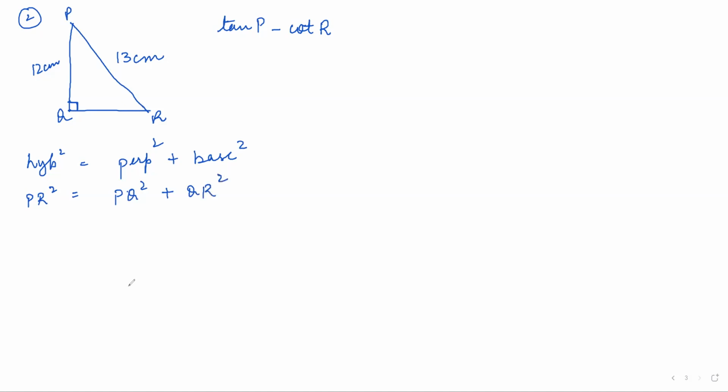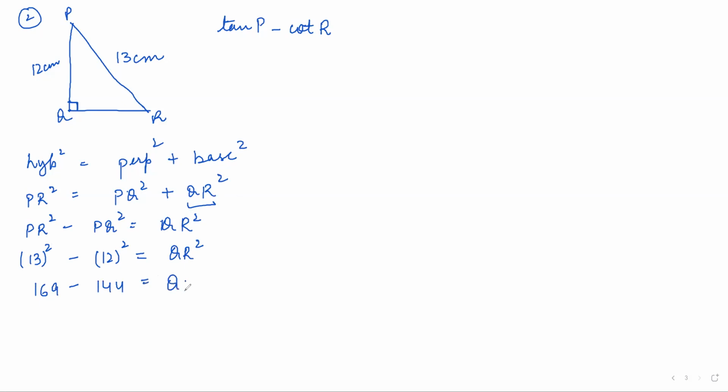I don't know QR, so I'll keep it on one side. So PR square minus PQ square is equal to QR square. Now this I know, 13 whole square minus 12 whole square is equal to QR square. So 13 into 13 is 169 minus 12 square is 144 is equal to QR square.